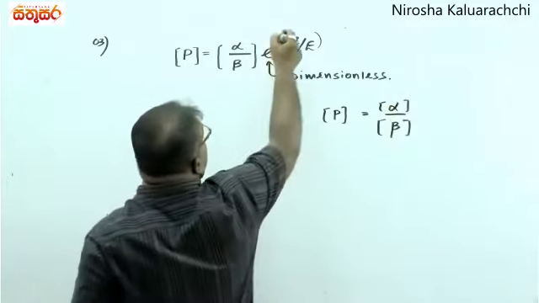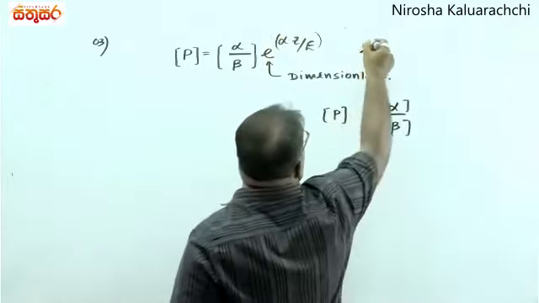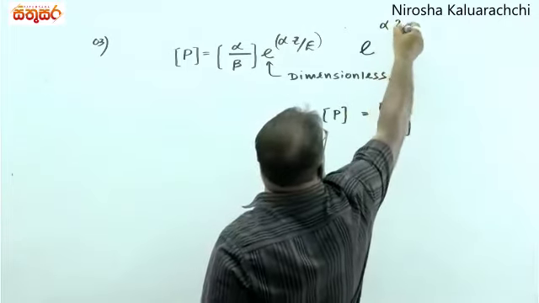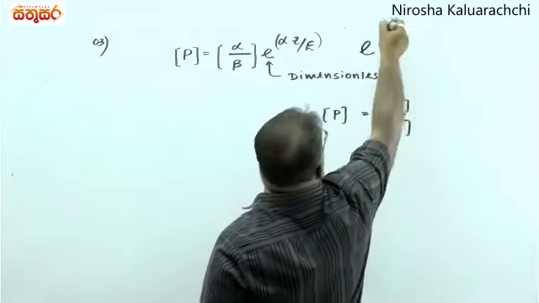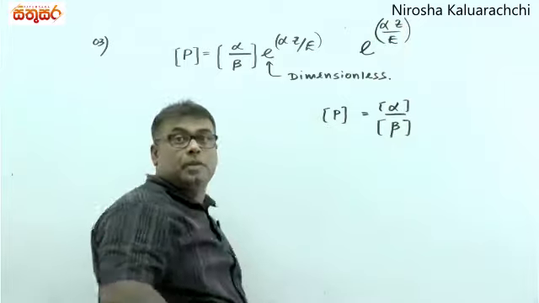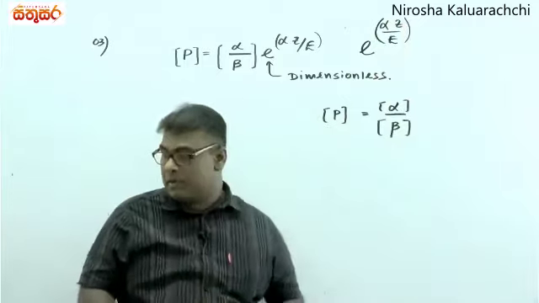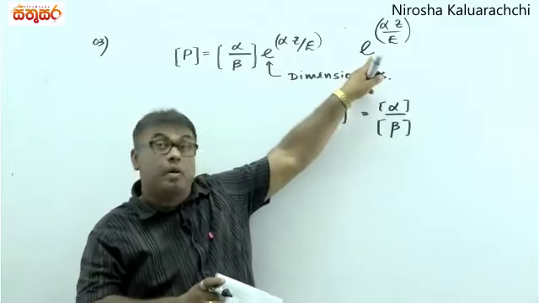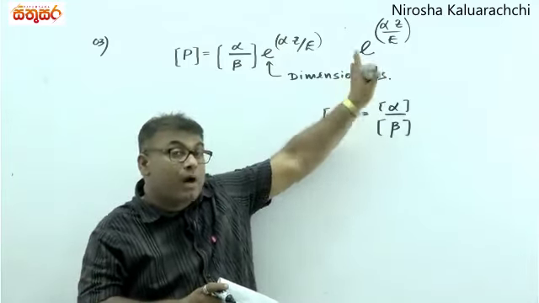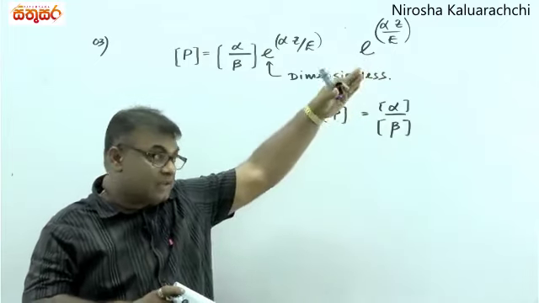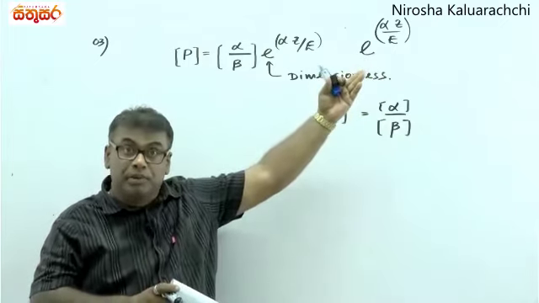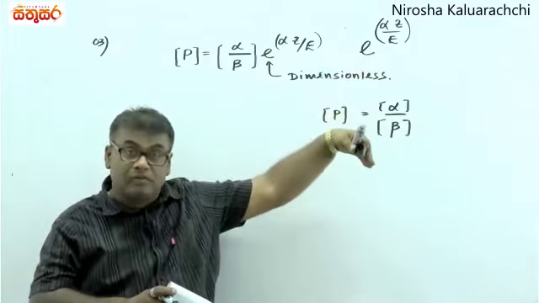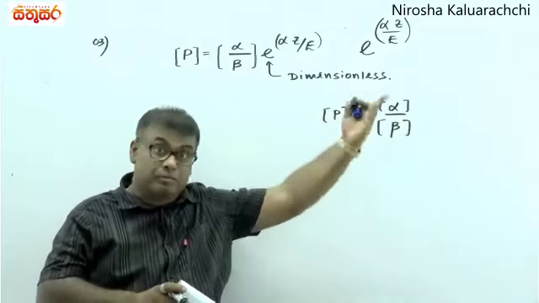It is considered right here. Let's see, e to the power alpha Z over E. What do you say about this one? The power of a numerical value. Power is like square, cube, half power, 1/3 power, 1/4 power, fourth power.